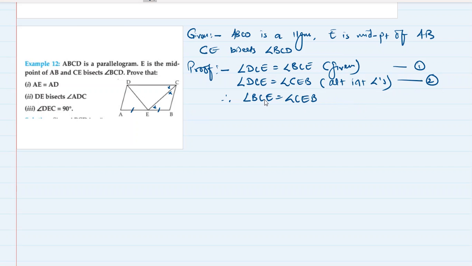From 1 and 2, angle BCE is equal to angle CEB. Correct? Nice.